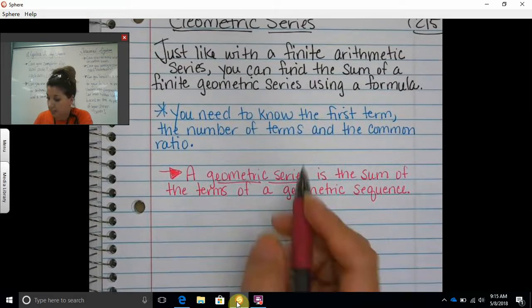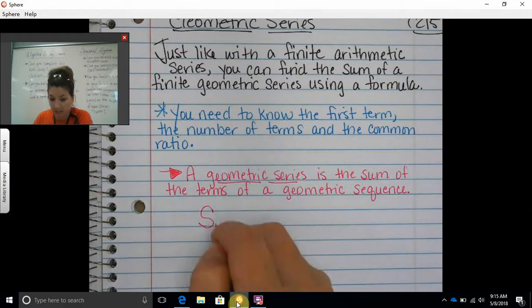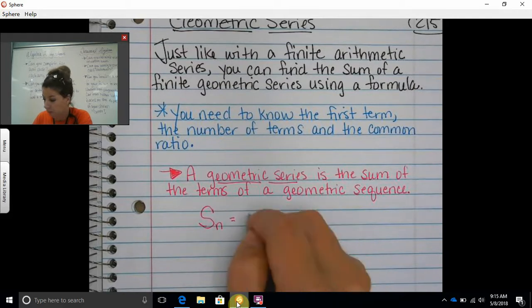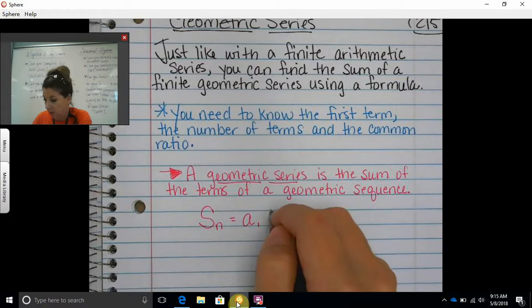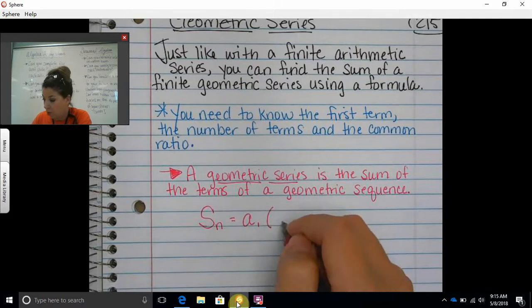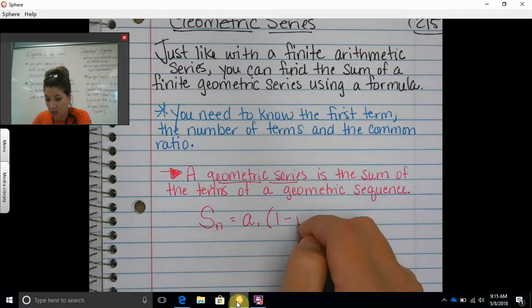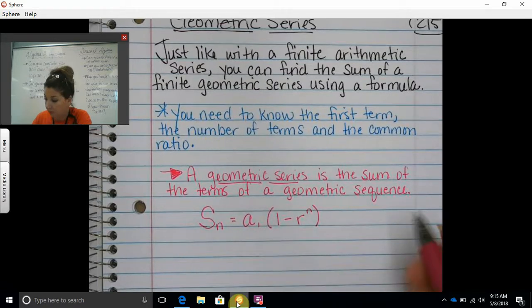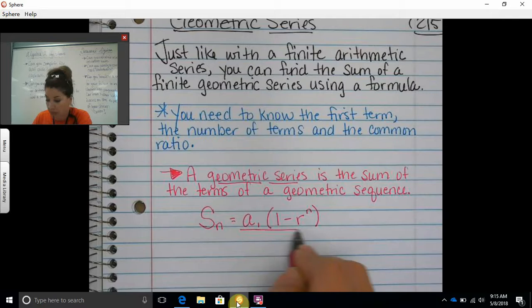And the formula is S sub n equals a sub 1, open parentheses, 1 minus r raised to the n, close parentheses, all divided by 1 minus r.